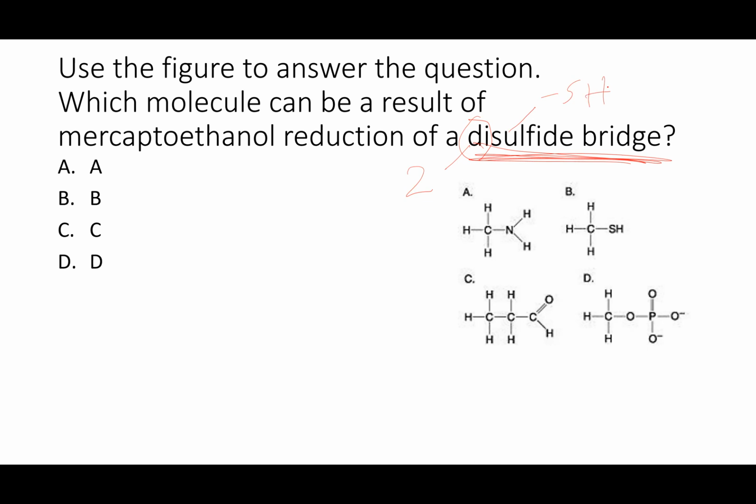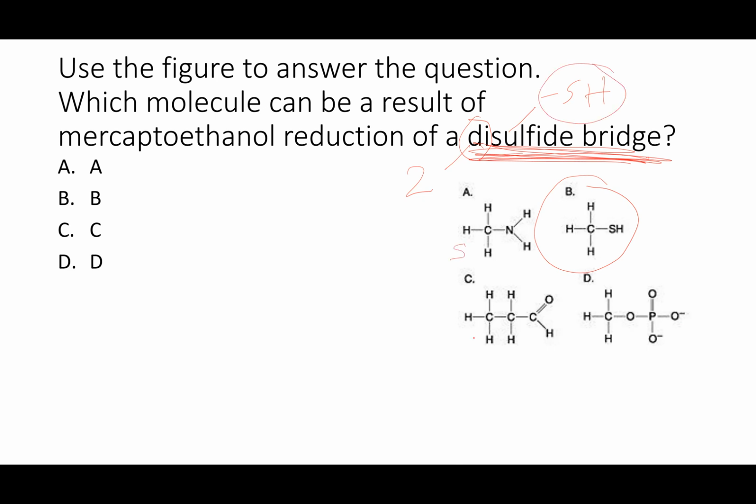Okay, disulfide tells you two sulfhydryl groups. So which one of these has a sulfhydryl group in it? B. Okay, so even if you don't know anything about the question, you don't know what the mercaptoethanol reduction of a disulfide bridge is. Maybe you do, but I don't want to underestimate you. But even if you have no idea, if you can pick out that keyword of disulfide bridge, and you can say disulfide, oh, I remember that has something to do with sulfhydryls.